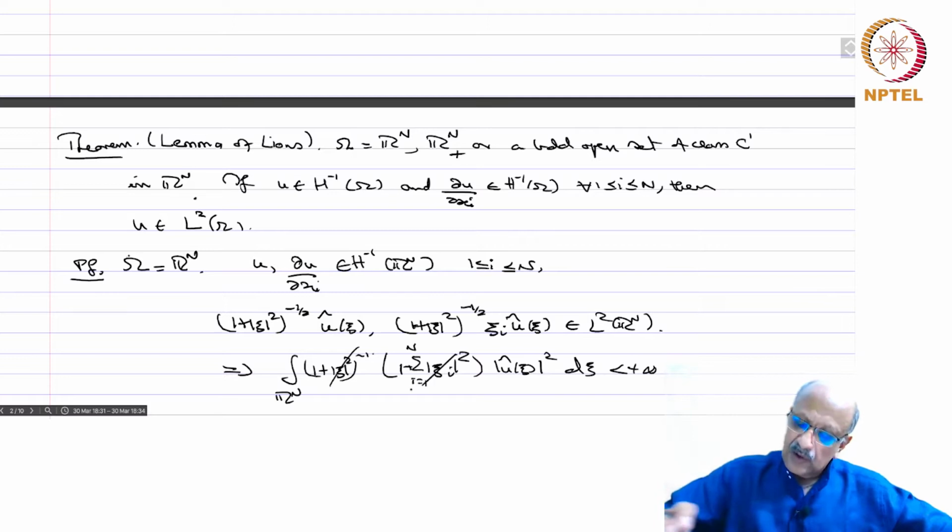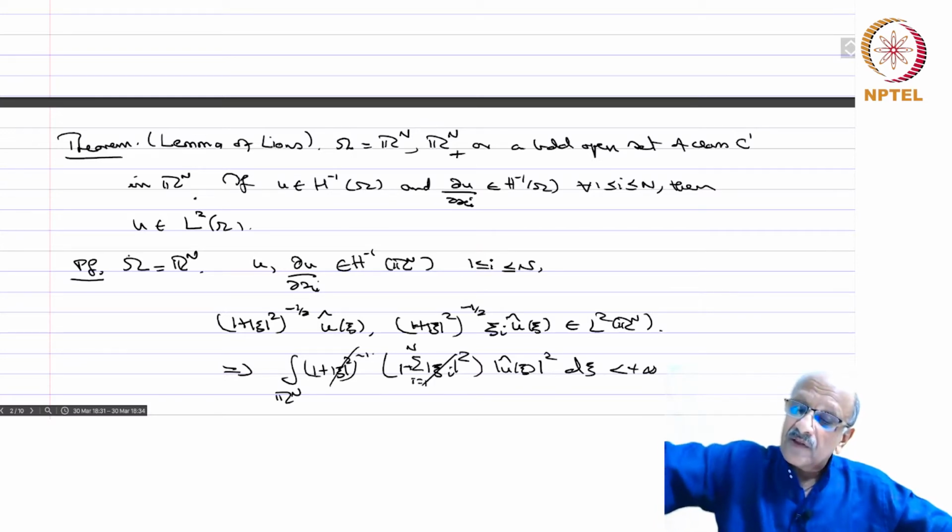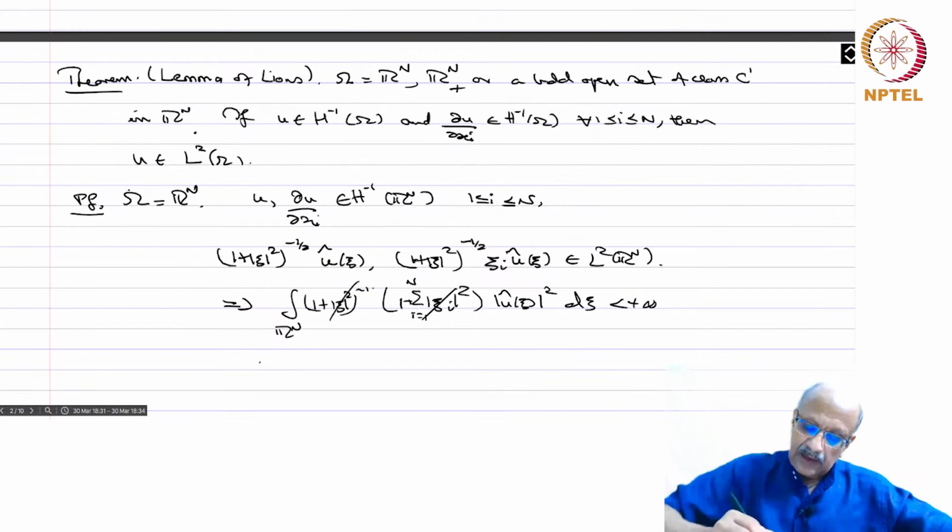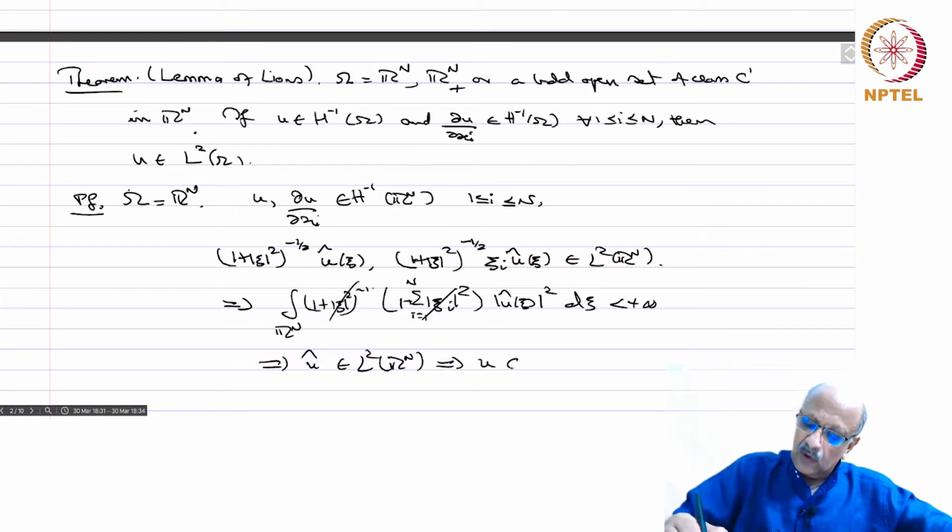But then these two cancel off, and therefore this tells you that û belongs to L2(R^n), and therefore it implies that u also belongs to L2(R^n).